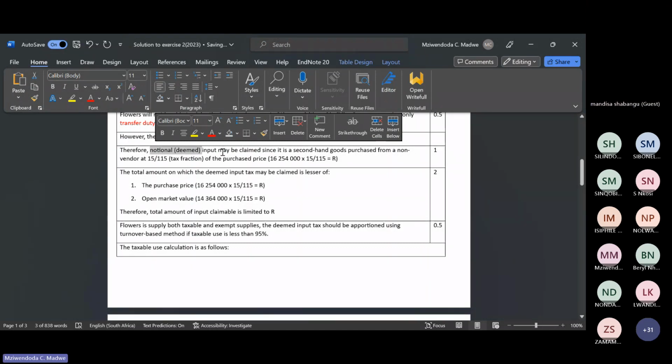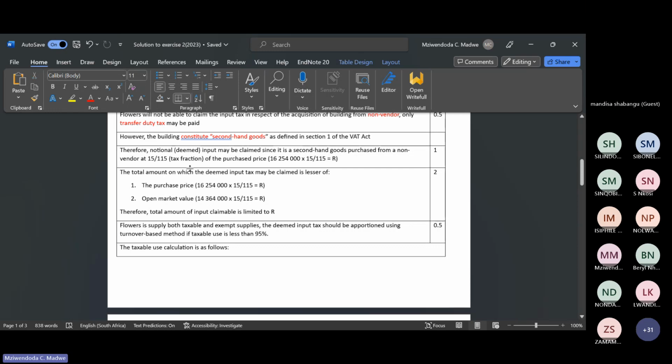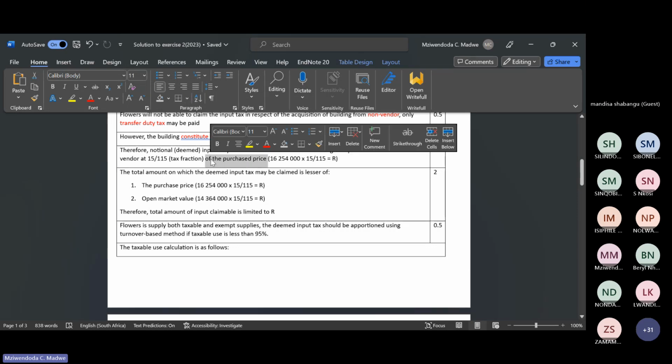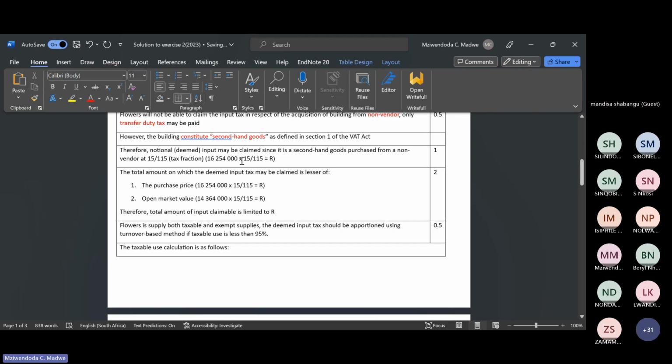So regardless that he is buying it from a non-vendor, since he's buying a second-hand good, he may claim notional input tax. They say here he may claim it on the purchase price. I'm not sure about this statement, but it's going to calculate the notional input tax at a tax fraction.